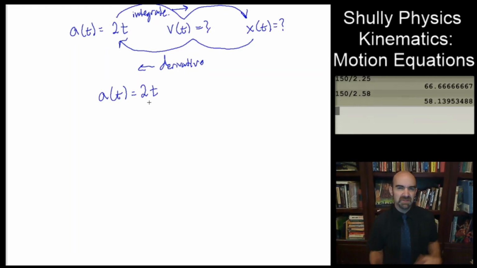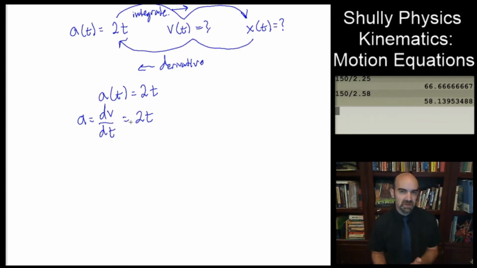All right, this is how the integration bit works. You make a definition. You think, okay, a, instantaneous acceleration, is equal to dv dt, which is 2t. So a of t is defined as this function. Acceleration as a function of time is 2t, but acceleration is also the rate of change in velocity, dv dt.